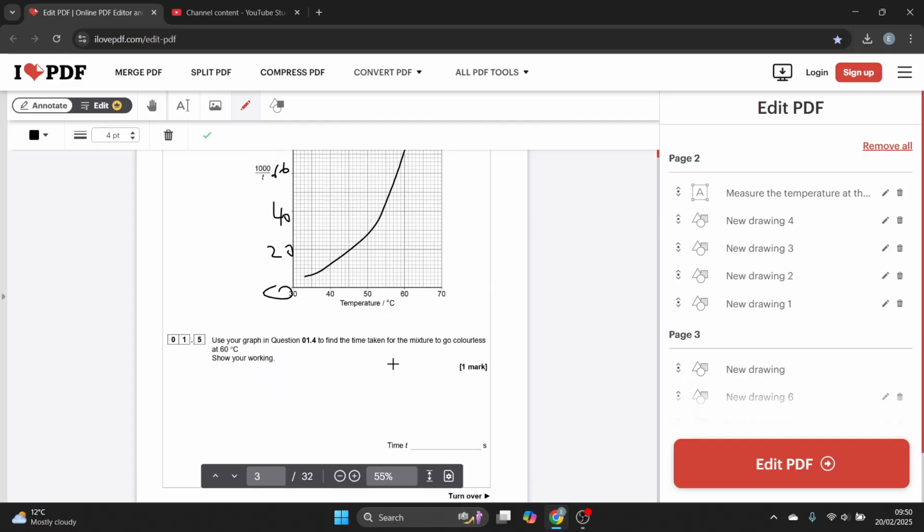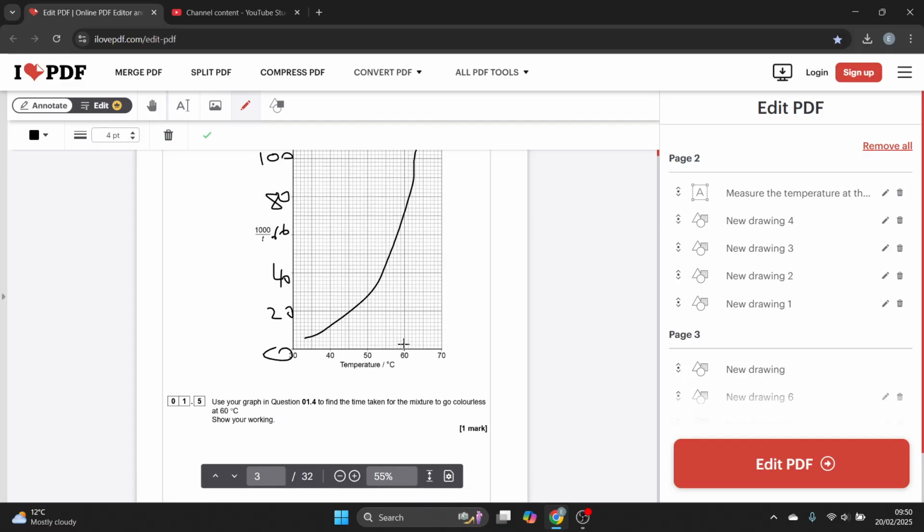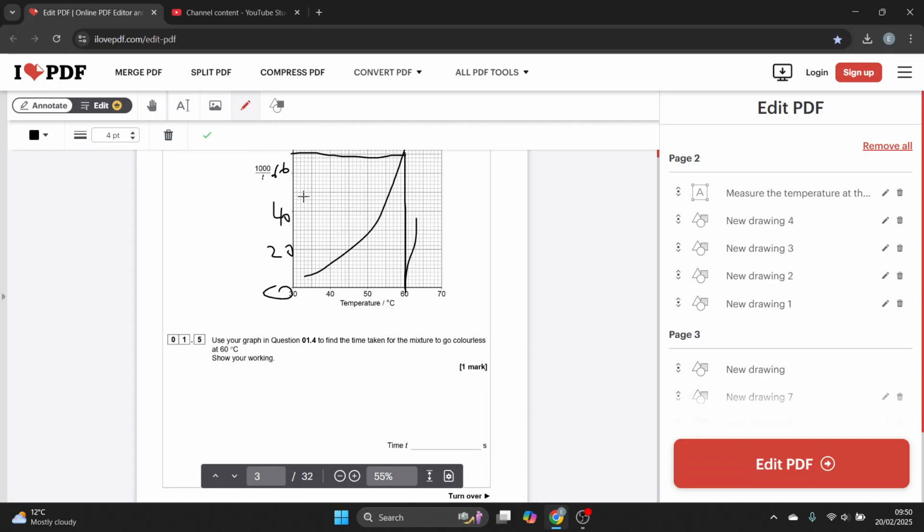Use the graph to find the time taken for the reaction mixture to go colourless at 60 degrees Celsius. So you go to 60, then you draw a line here, and that's around about 70, right? Where it says the time taken.